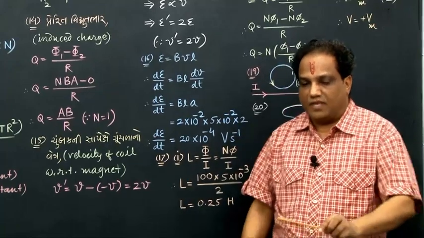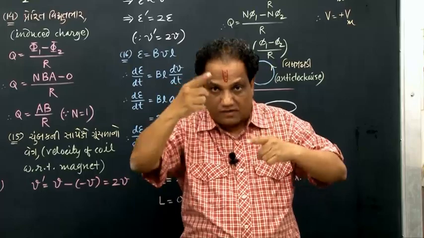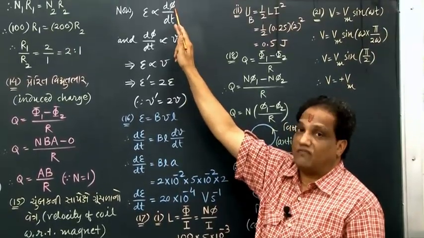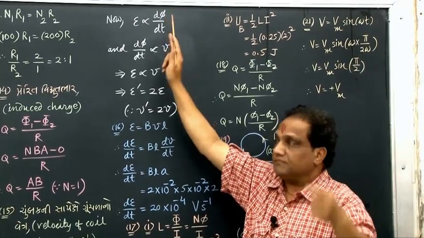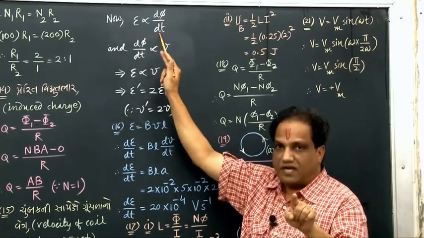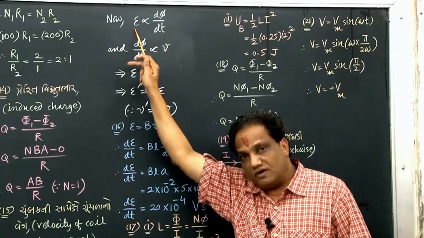Now tell me, if in the relative motion the velocity becomes double, then the time rate of increase of magnetic flux associated with the coil will also be doubled. And you know from Faraday's law, E varies as d phi by dt. When this becomes double, this also will be doubled, correct?